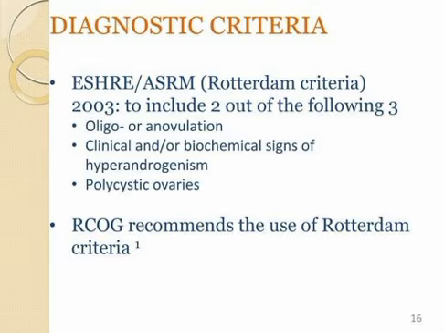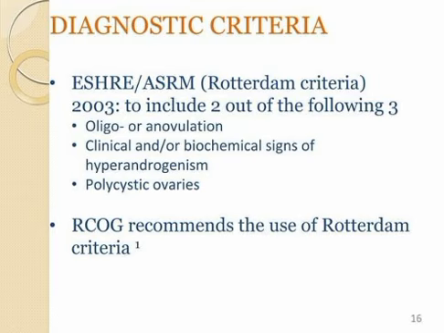Diagnostic criteria of polycystic ovarian syndrome. The diagnostic criteria for polycystic ovarian syndrome mainly include the Rotterdam criteria. So based on 2023, to include two out of the following three, they have to give the conditions for polycystic ovarian syndrome. If an individual is suffering from any two of these three, they may be considered to be persons with polycystic ovarian syndrome.